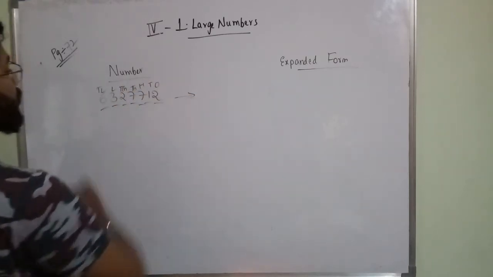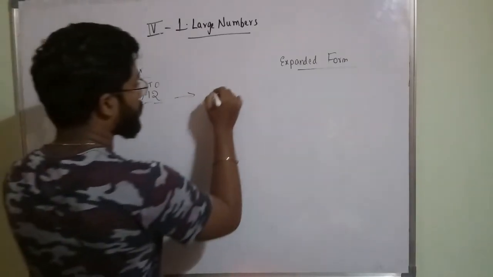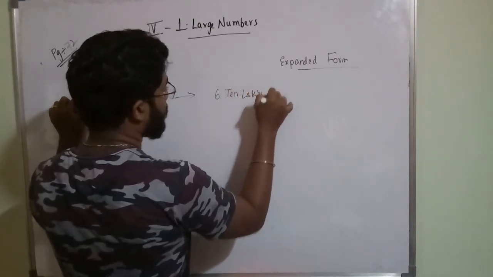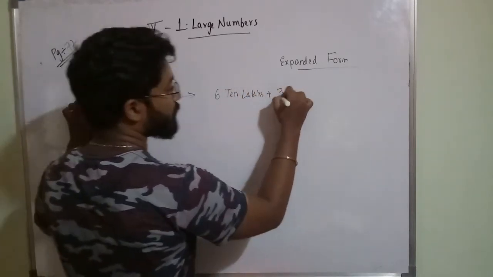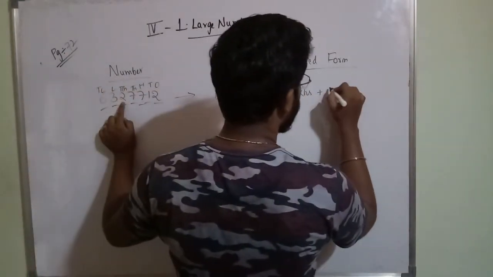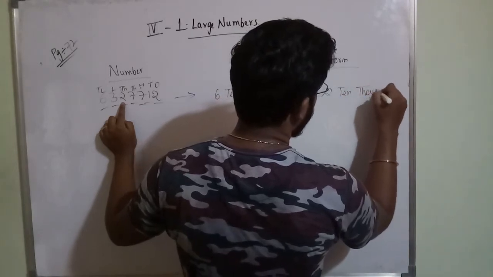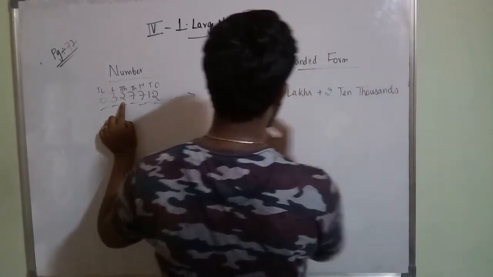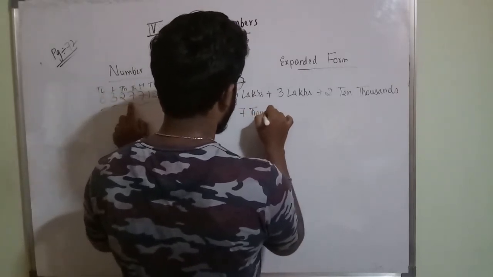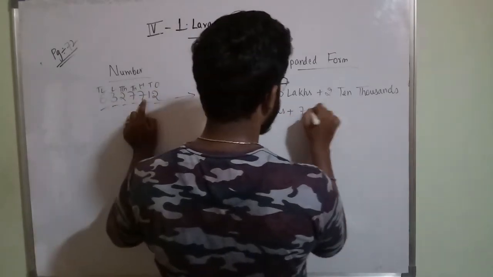So if you do the expanded form, 6 is in which place? 10 lakhs place, so 6 10 lakhs, plus 3 is in which place? Lakhs, 3 lakhs, plus 2 is in which place? 2 10,000s. Next, 7 is in which place? 7,000s, plus 7 is in which place? 7 hundreds.